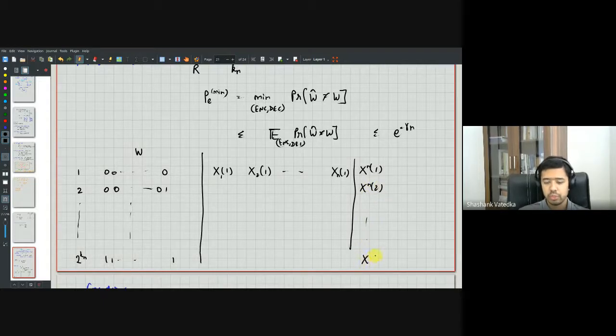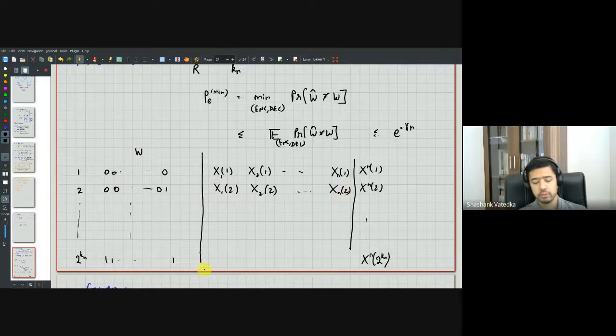Similarly, for the 2 to the knth message, the code word is xn of 2 to the kn. Right? This is the code word corresponding to the first message. This is the code word for the second message, and so on: x1 of 2, x2 of 2, xn of 2, and so on.